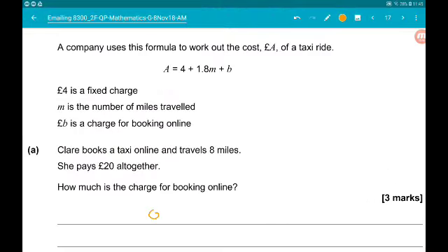Okay, question 15, we have use of formula. So a company uses this formula to work out the cost £A of a taxi ride.